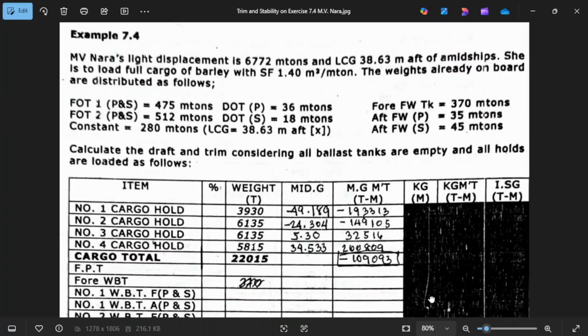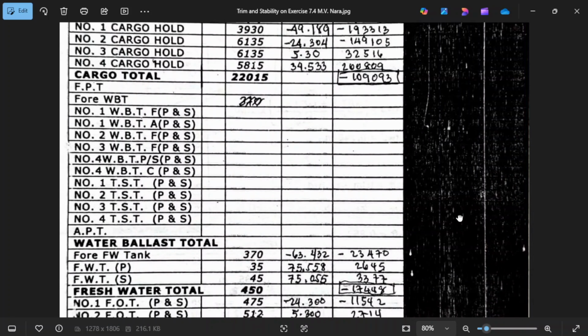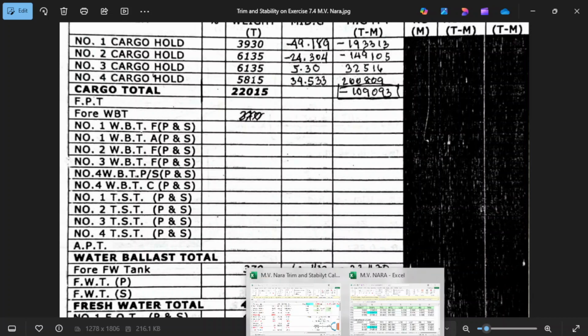Okay. Then the next is the press water. Press water is 450, and the LCG moment is negative 17448. This is the LCG for each tank. So I go down to the press water.